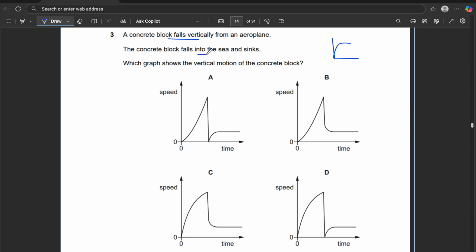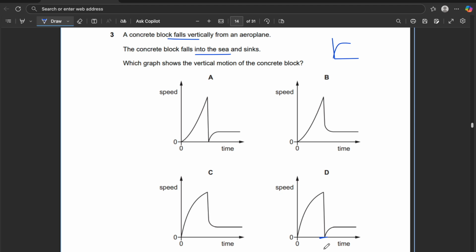And it falls into the sea and then sinks. So as it sinks, right, it will also reach a constant speed somewhere. So the question is whether it reaches this zero speed or not. When it sinks, will it actually stop midway?